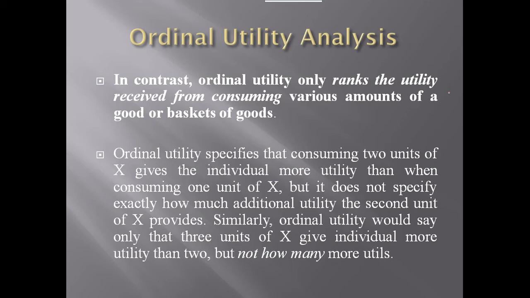It specifies that consuming 2 units of X gives the individual more utility than consuming 1 unit of X. It does not specify exactly how much additional utility the second unit of X provides. But in cardinal utility, we have to assume a very strict assumption that individuals have an ability to quantify the level of satisfaction or level of utility.